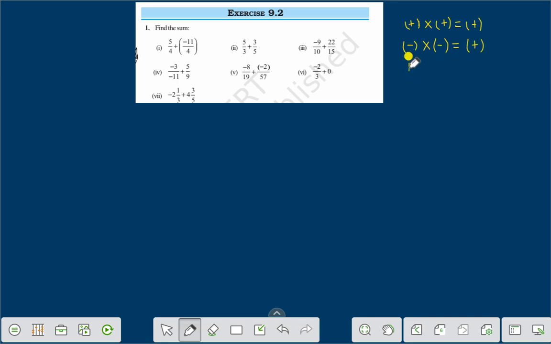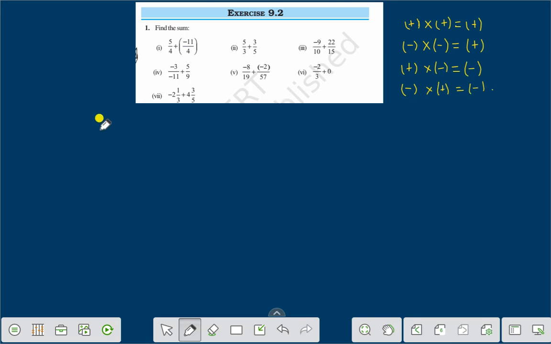And if we multiply plus sign with minus sign, we will get minus. And if we multiply minus sign with plus sign, we will also get minus sign.